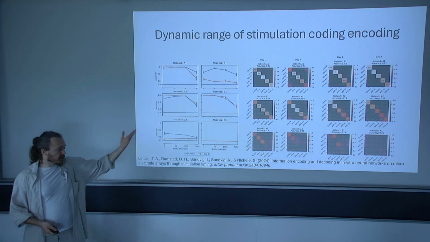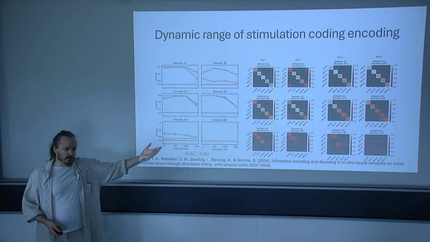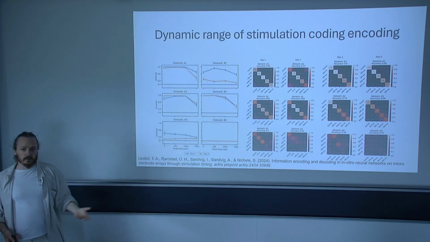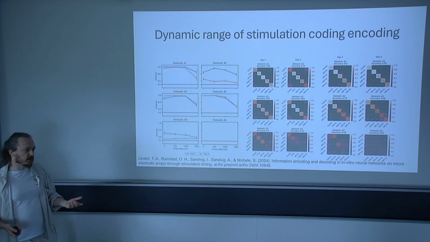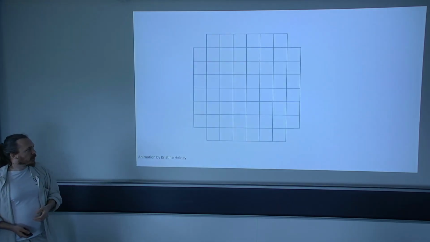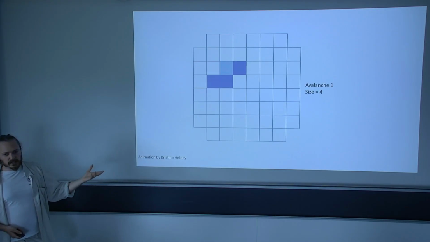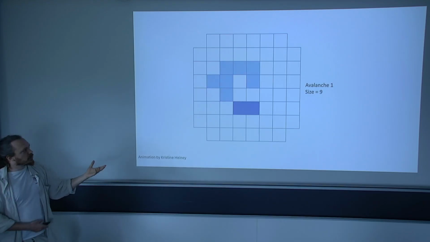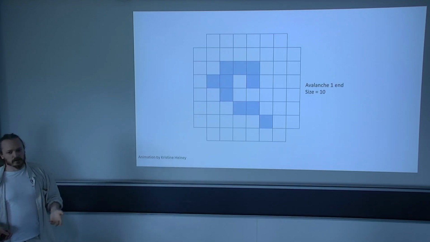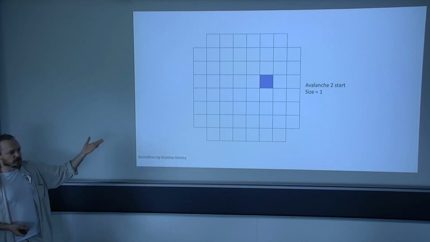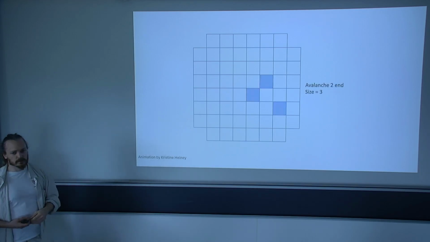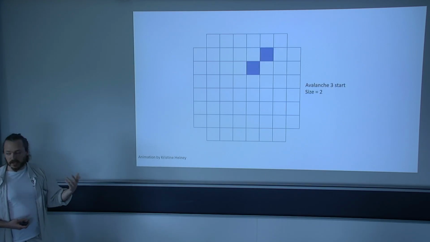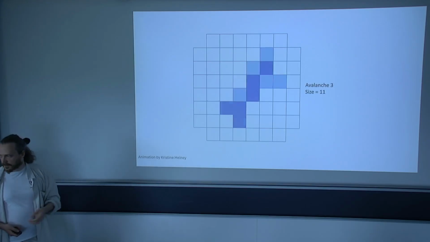So one idea then is to try and see if we can have these systems become more critical to increase the dynamic range. The brain does, in some cases, self-organize into criticality, which we can measure, among other things, by power law distributions of neuronal avalanches, which looks something like this.